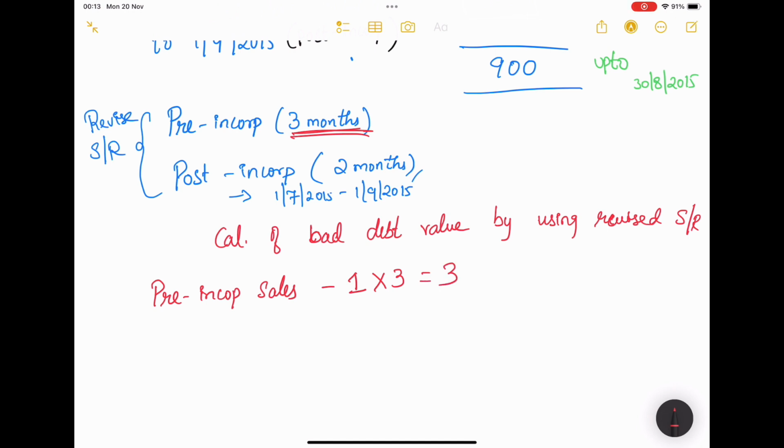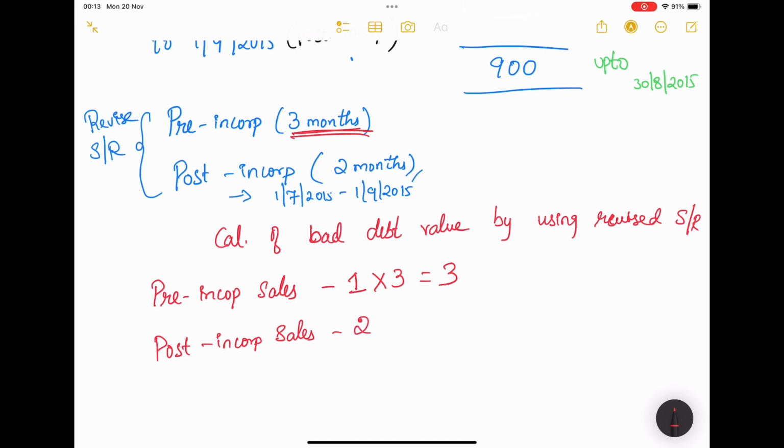Next, for post-incorporation sales, we identified 2 as the average monthly sales, isn't it? Next, how many months?